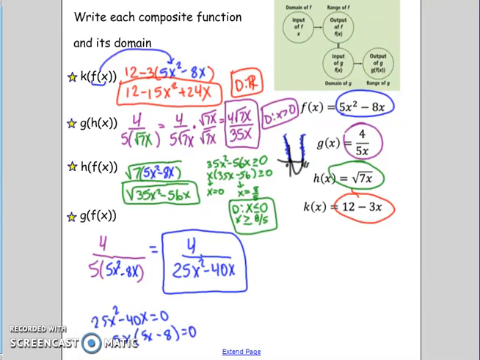So if we set each one to 0, 5x, if we set that to 0, we get 0. And if we set 5x minus 8 to 0, we get 8x. So our domain would be all real numbers, except x cannot equal 0 or 8.